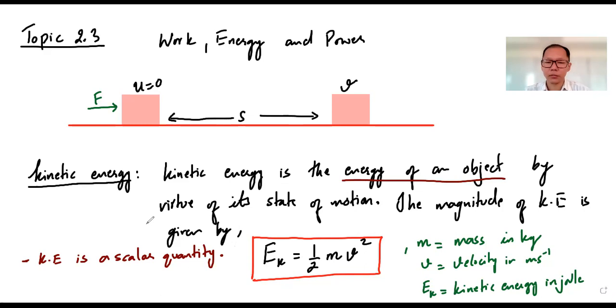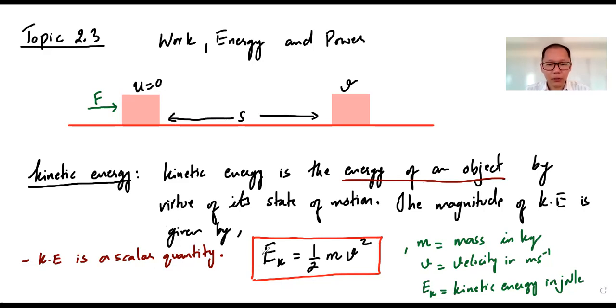In this case, by virtue of its motion, it's the energy stored in that object by virtue of its motion, right? So it does not matter in which direction an object is moving. If an object is moving at a certain velocity, it will always have that energy stored in the object.